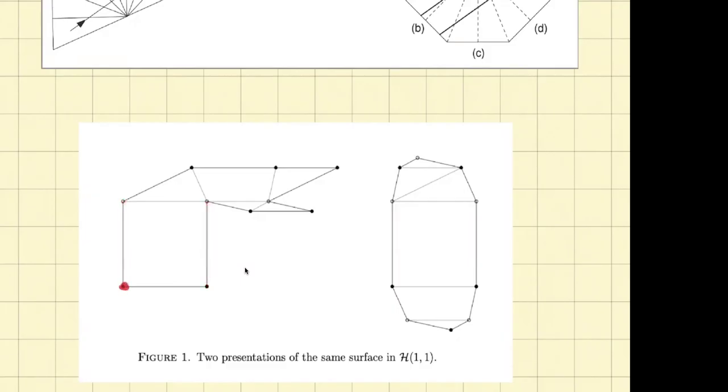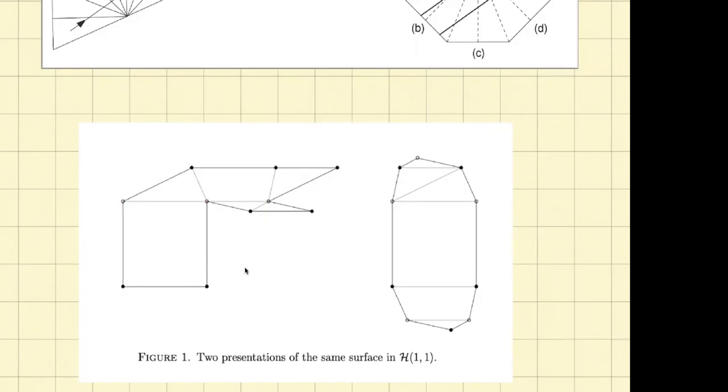But also this point is the same as this point because this edge has been glued to this edge. And similarly, this edge is glued to this edge, so this point here is glued to this point here. And so if you work it out, all the points marked in black in this picture are actually the same, and all the points marked with an empty circle are actually the same.